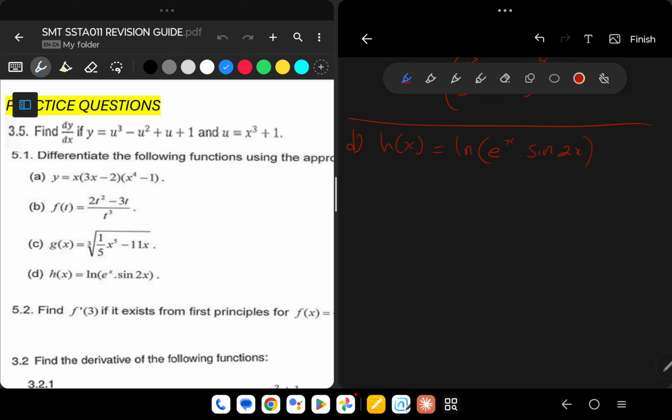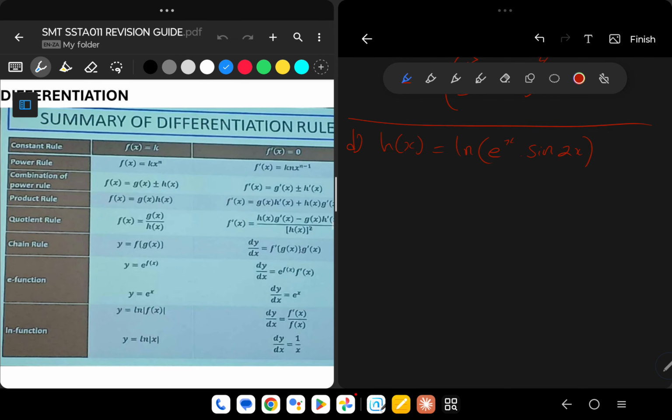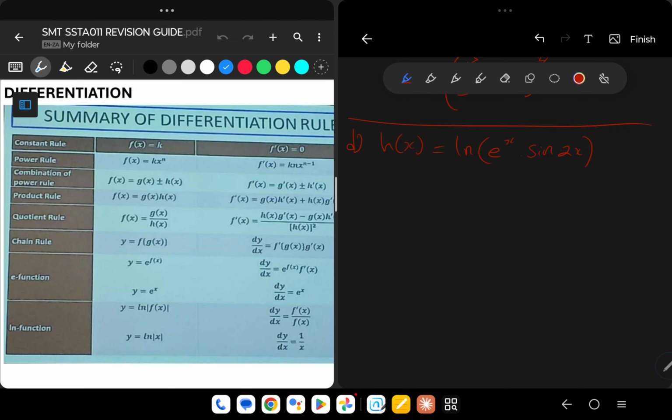So now here, remember, let's go to the rules again. We have the derivative of, if your y is equal to e to the power of x, then the derivative of e to the power of x is just e to the power of x.